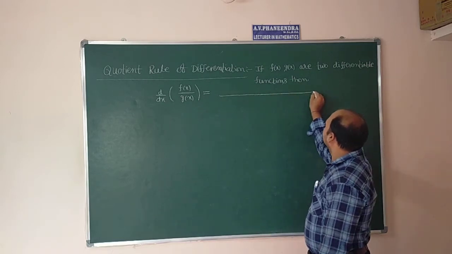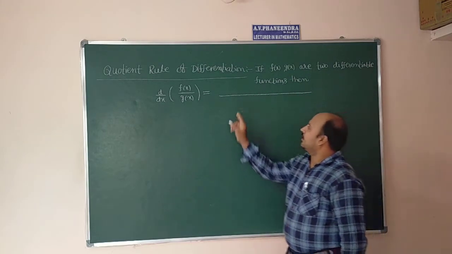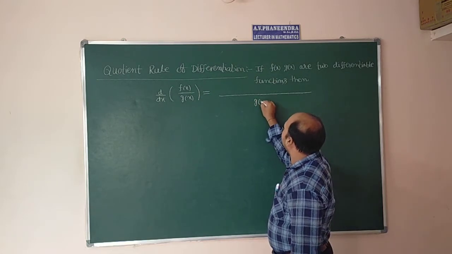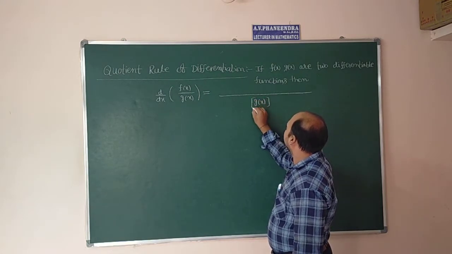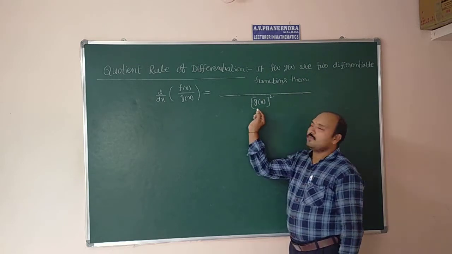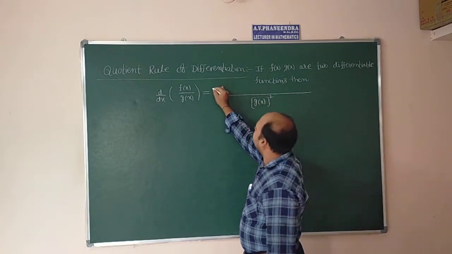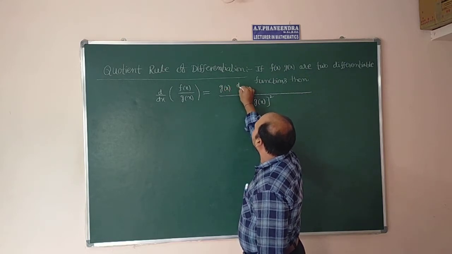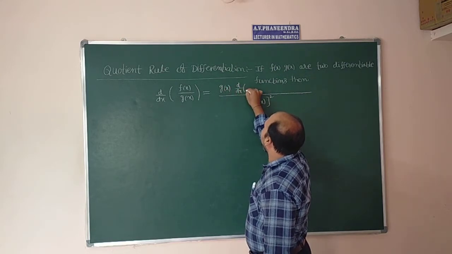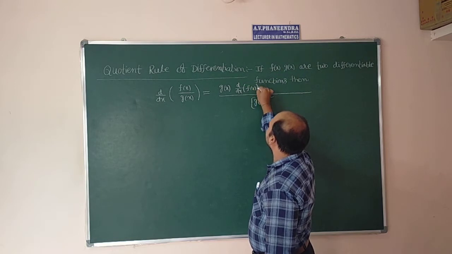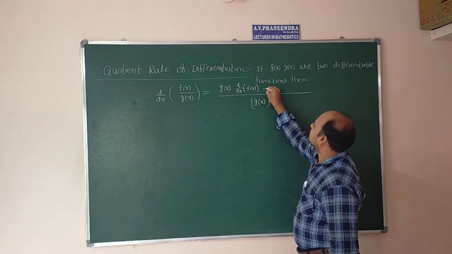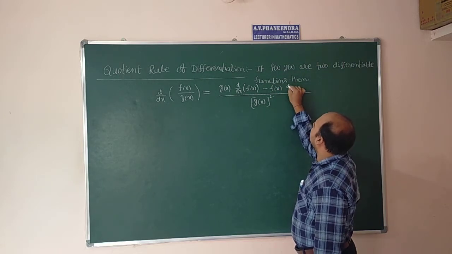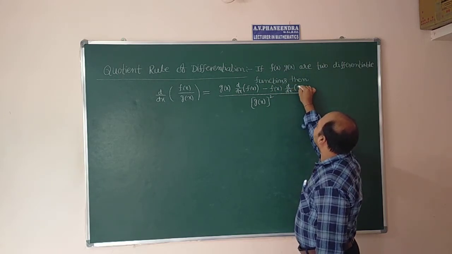first you have to write like this. In the denominator, g of x whole square; you have to write the denominator whole square. Whatever denominator you are writing here, first you write with the denominator. Denominator means g of x into d by dx of f of x minus f of x into d by dx of g of x.